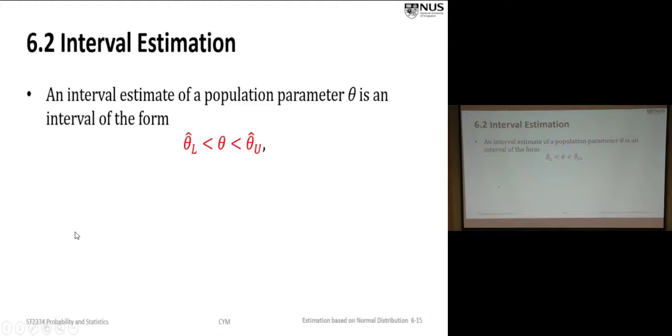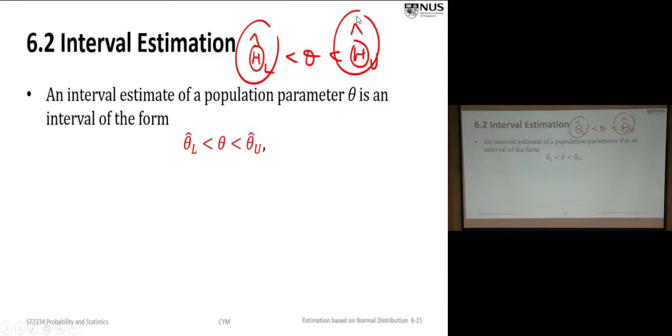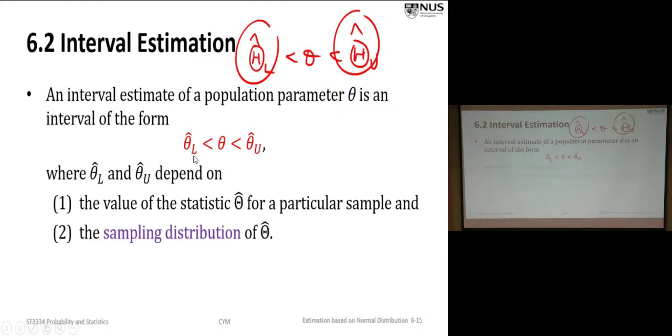All right, interval estimate, as we mentioned. This interval, with lower limit theta L hat and upper limit theta U hat, is a random interval, and it is the interval estimator. Once you take a sample, you can calculate the values. Then that is the confidence interval.